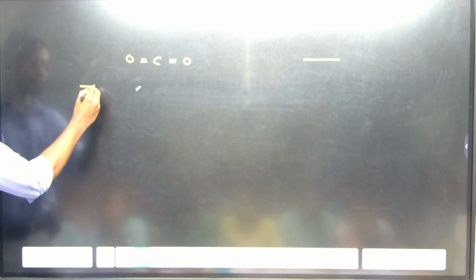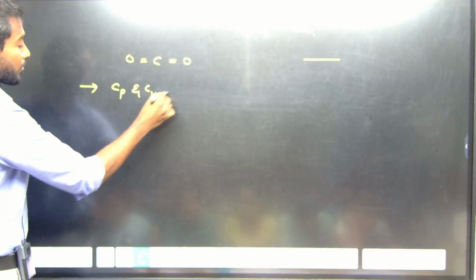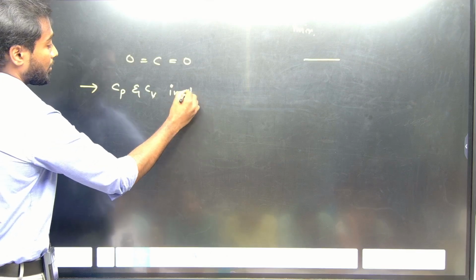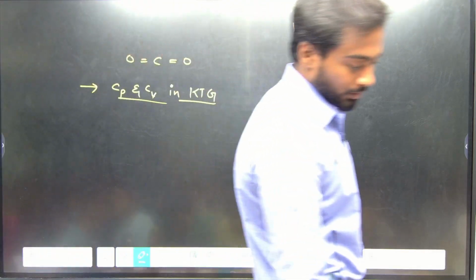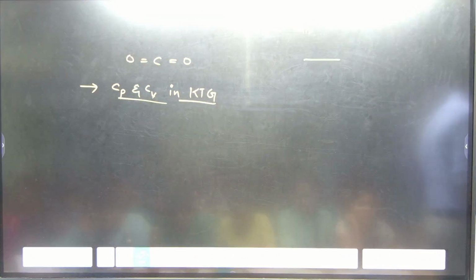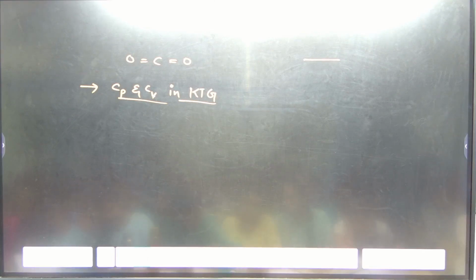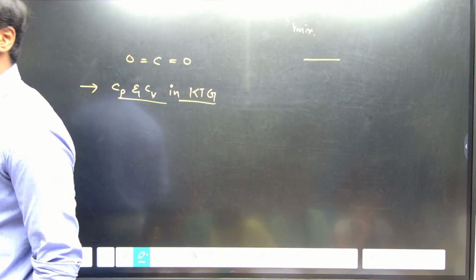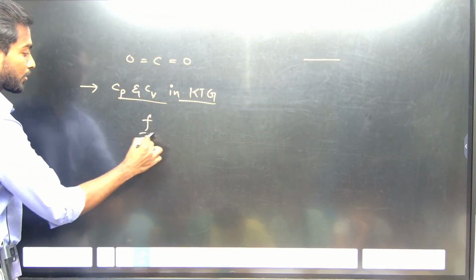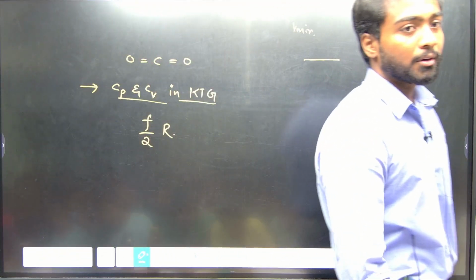Write down next subheading, Cp and Cv in KTG. Write down Cv is equal to F by 2 into R. F is nothing but degree of freedom.